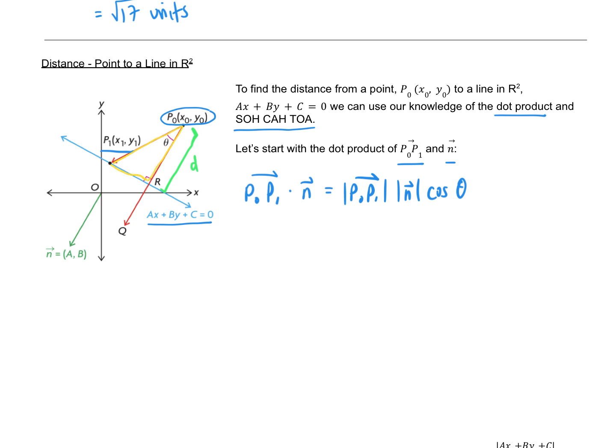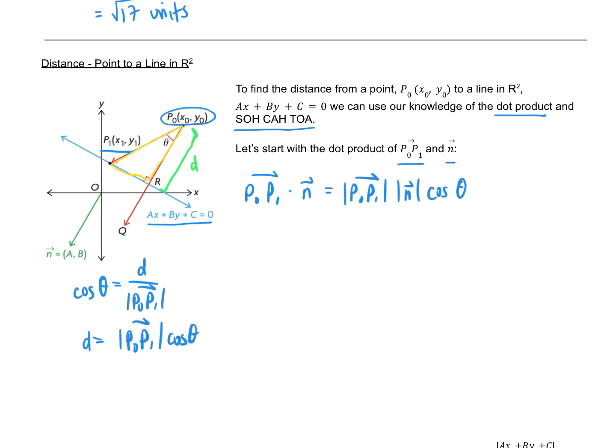That distance is adjacent to theta, and that vector P naught, P1 is the hypotenuse of the triangle. So this is going to require the cos ratio. Cos theta in that triangle is equal to the distance I want divided by the magnitude of vector P naught, P1. And if I just cross multiply here, here is what we get.